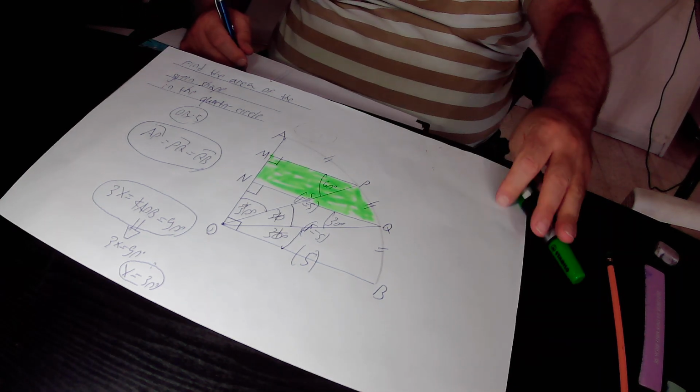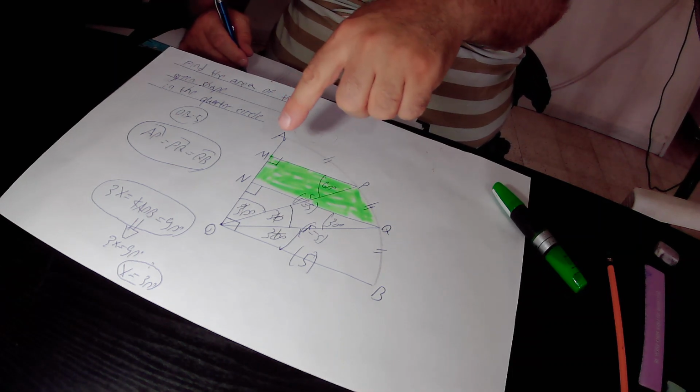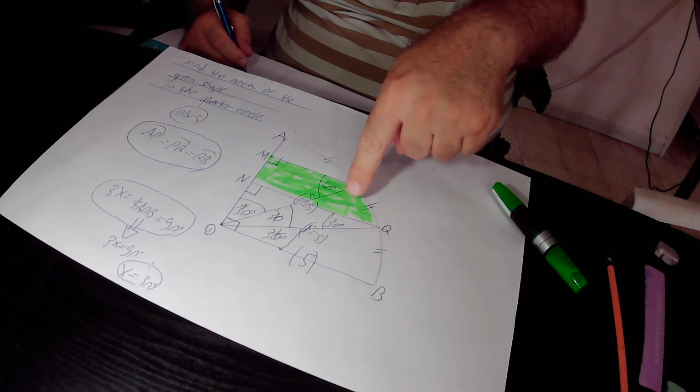Actually, from the drawing it is very easy to see that the area of this green shape equals the area of quadrangle MNSP plus the area of this green small shape PSQ.